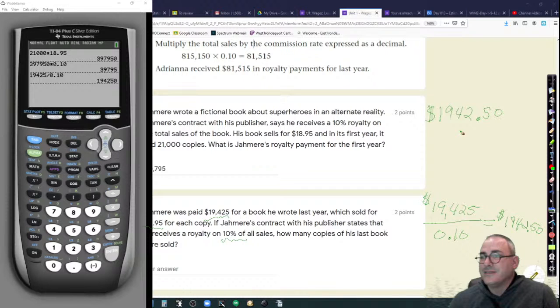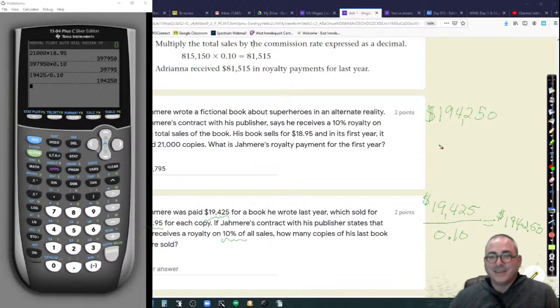So this means, what do we got here? Well, we got the total sales, right? So Jameer's last book, the total sales, it was $194,250 of total sales. And using this information, we could find out how many books were sold, right? Because now we're going to take this number.